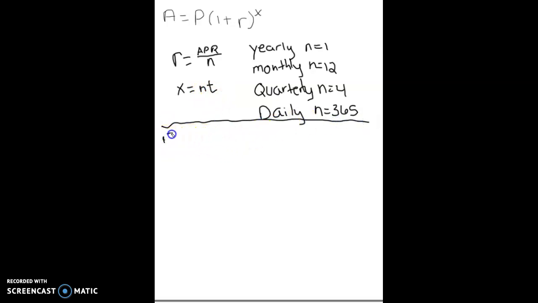The first one you had to do was number 13. Number 13 wanted you to write this formula out with a $10,000 amount compounded annually at 6%. So really, overall, we're just looking at our function, our end result, our account balance after a certain amount of time will be equal to the 10,000 that we start with times 1 plus 0.06 raised to the t.